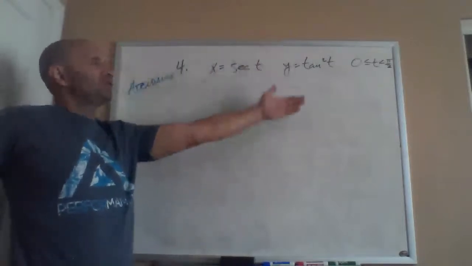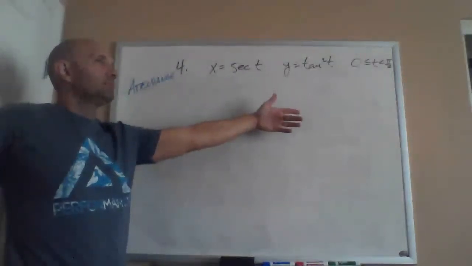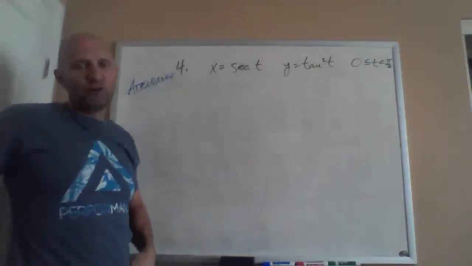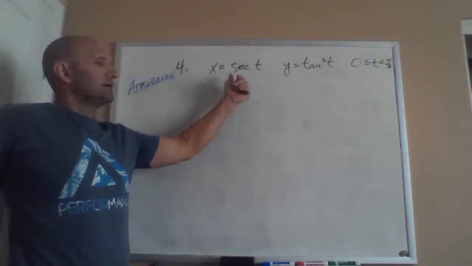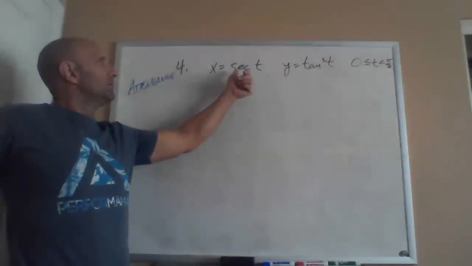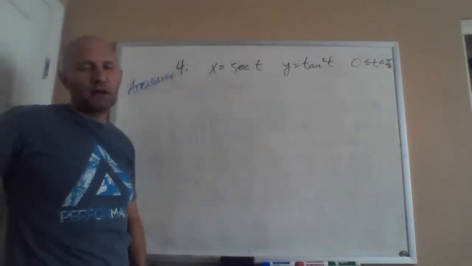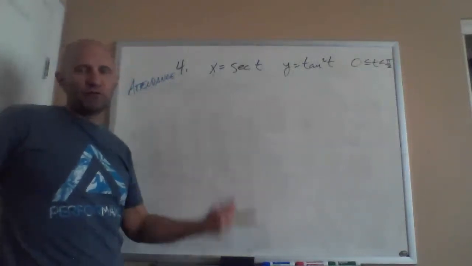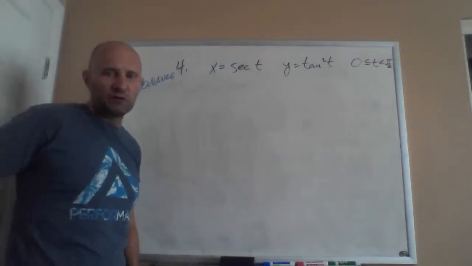Well, if I use t is pi over 2 or t is 3 pi over 2, tangent of those values is undefined. And at pi over 2 and 3 pi over 2, secant is undefined as well. So that's why I'm restricted.